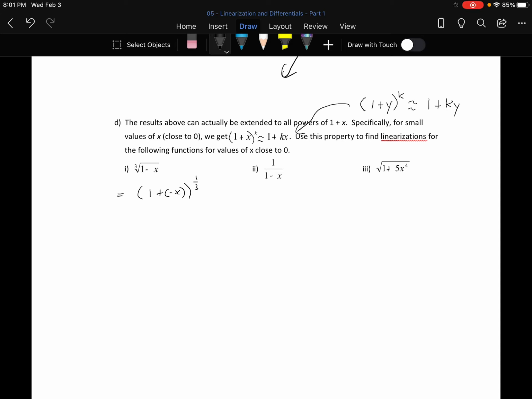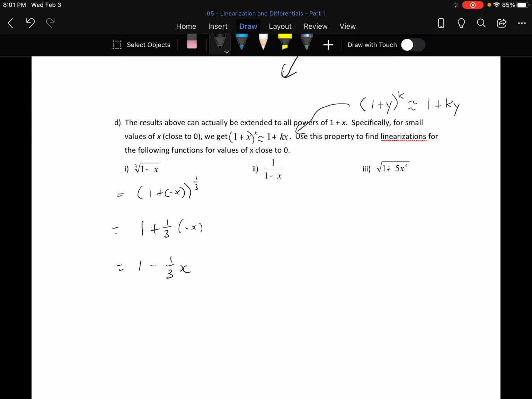So the linearization is 1 plus k, where k is 1/3, but my y is actually a negative x, and so I get a nice linearization of 1 minus 1/3 x. So it changes sign on you there.